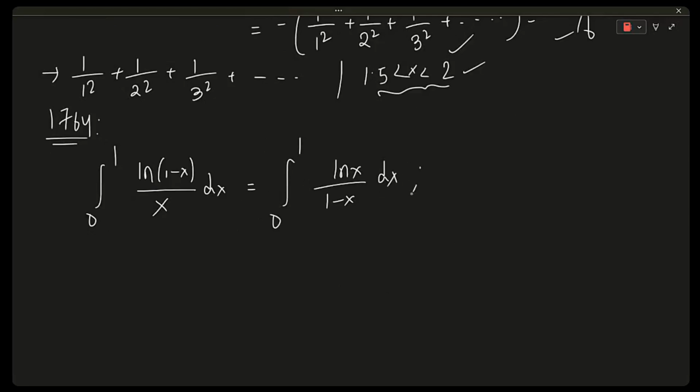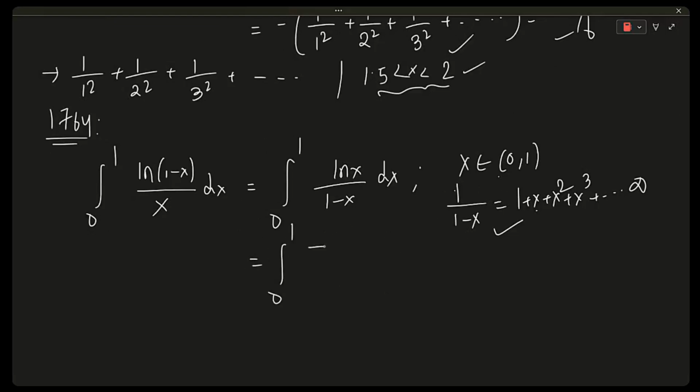Now notice that x belongs to (0, 1), and therefore 1 by 1 minus x can be written as 1 plus x plus x square plus x cube and so on. This is valid as x belongs to 0 to 1, since the common ratio x is within the limits for this infinite geometric sum to converge, which means I can write the integral from 0 to 1 of the summation n equals 0 to infinity of x to the power n into ln of x dx.